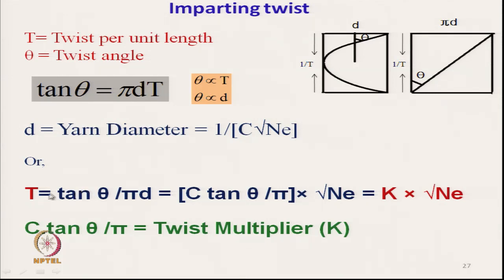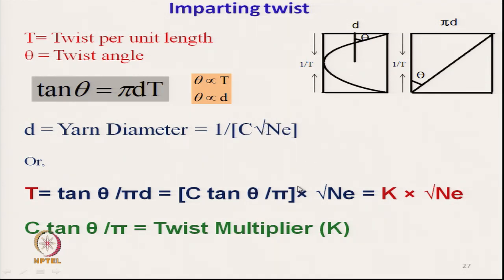Now, tan theta equals pi d multiplied by T, T is twist per unit length, d is the diameter of yarn. So, d is 1 by constant under root c. Okay.